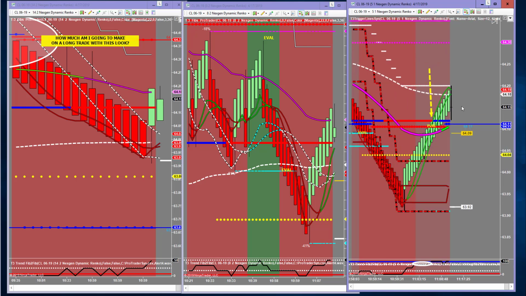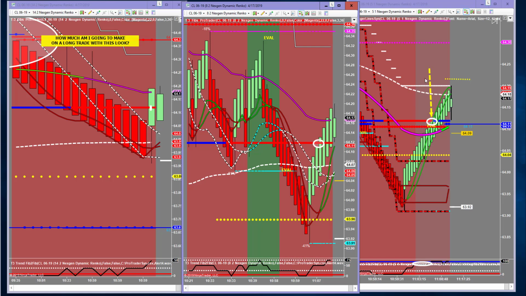Yeah, here's the other part. If you would have got in at 12 with a 10-tick stop, you'd still be in, technically. Anyway, this is where entry execution does come into play.